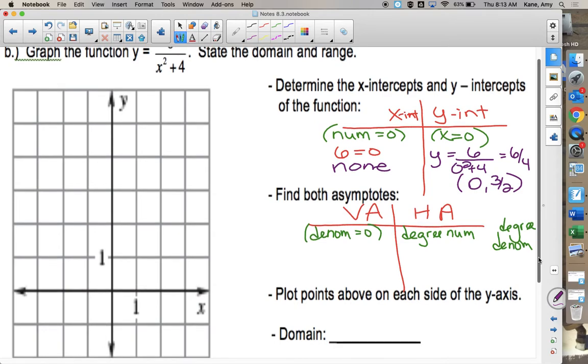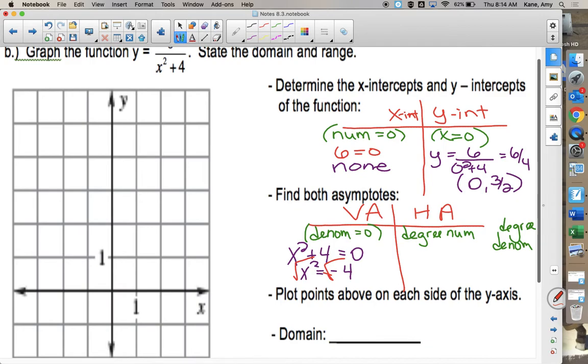So the vertical asymptote, Jack, if we set the denominator equal to 0, what happens when you solve for that? That would be x plus 2. Be careful. What would you do with the x squared? You took a square root to get rid of the x squared. What happens with the square root of -4?